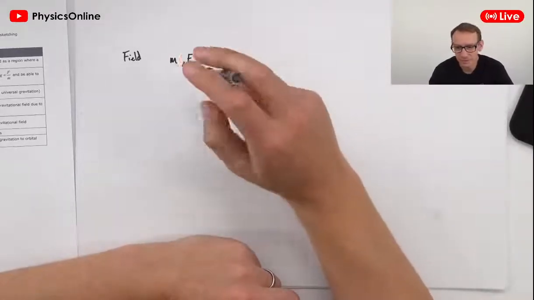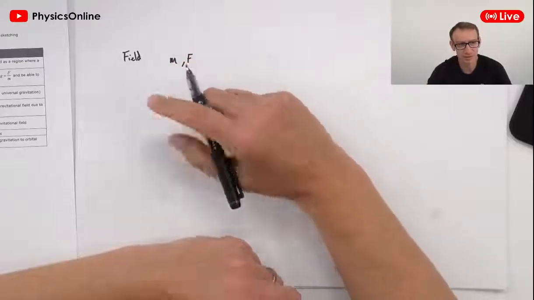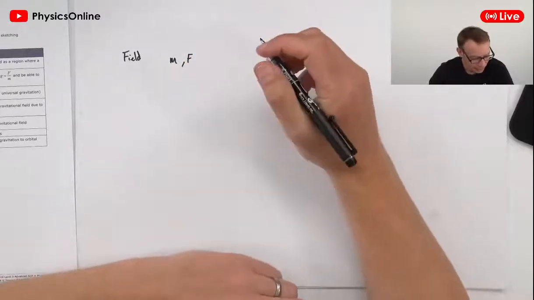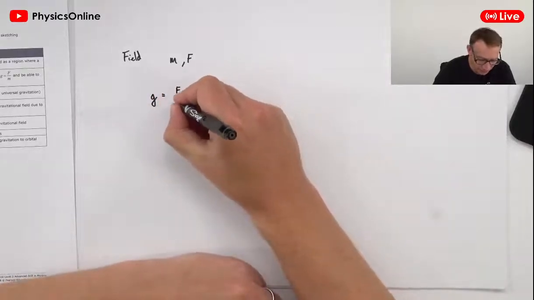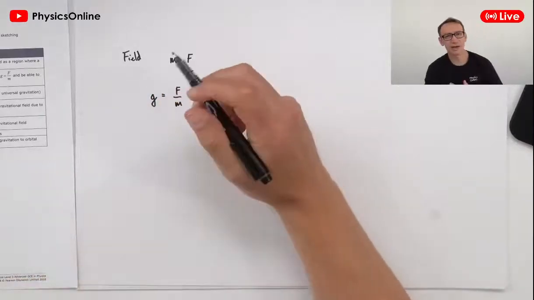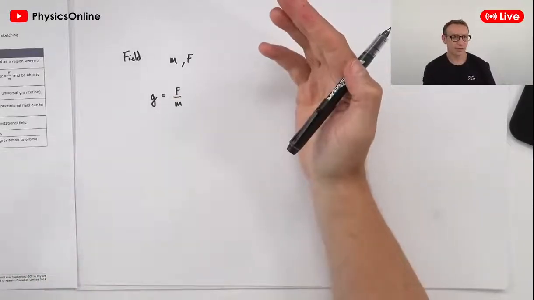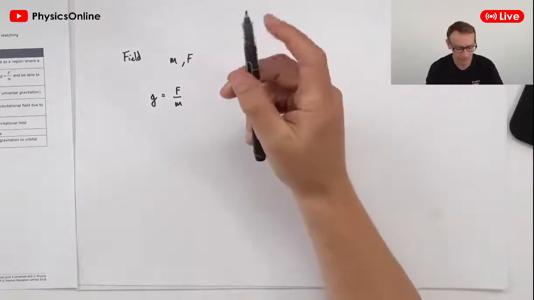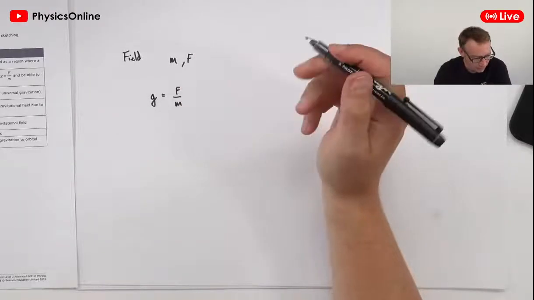So if you've got a mass in this field, it's going to experience a force on that. Now the gravitational field is defined as F over m, and I would say that if you're doing Edexcel Paper 2, then this might relate back to some stuff you've done in Paper 1 looking at other types of fields. So the force per unit mass is our gravitational field strength.